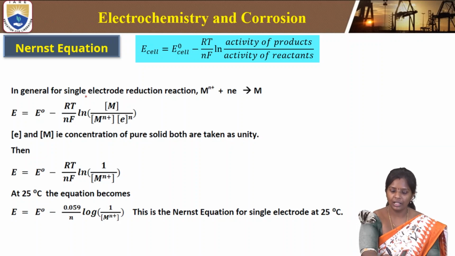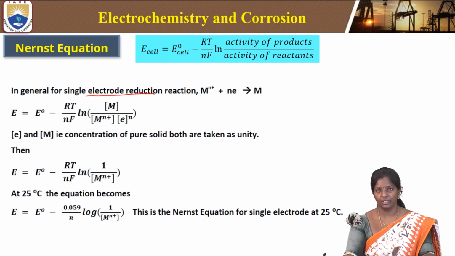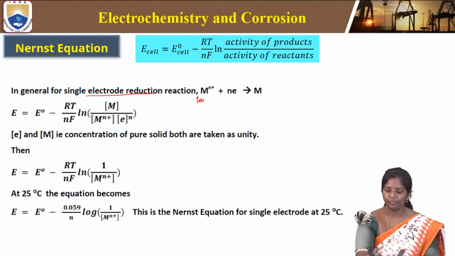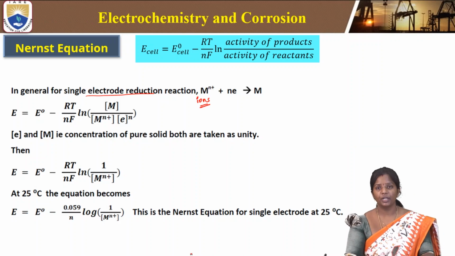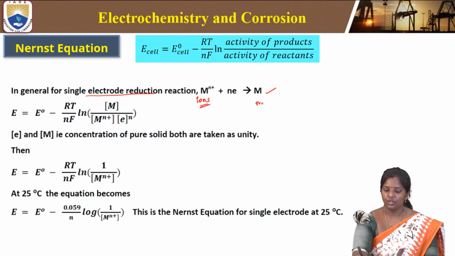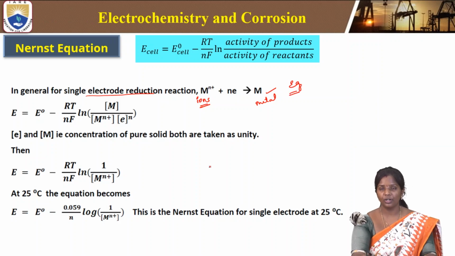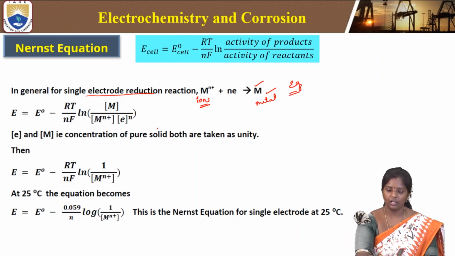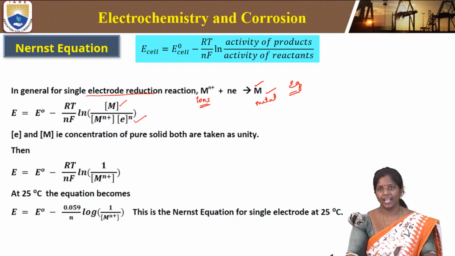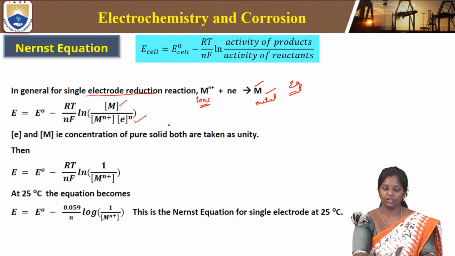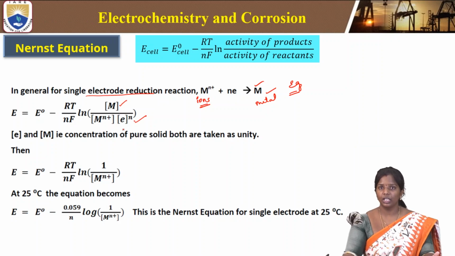There are various ways we can use this Nernst equation. Take a single electrode reduction reaction, for example, the ions taking up electrons and forming metal. What is the product here? M is the product. Products by reactants, substituted accordingly.